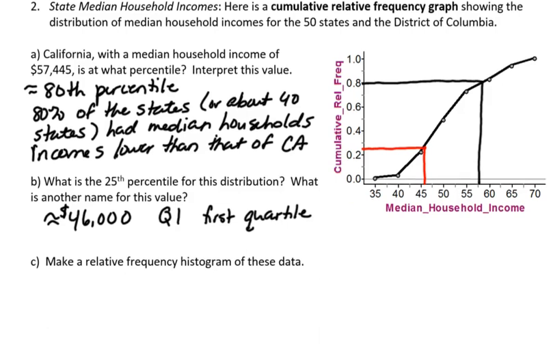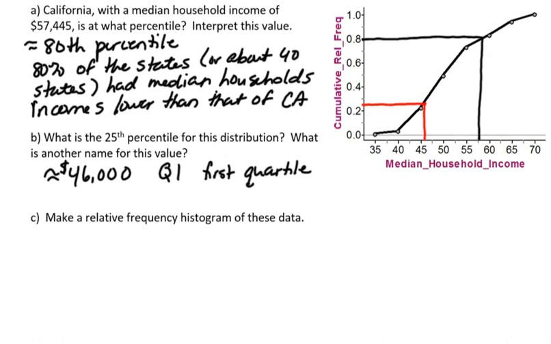Now the next thing we're going to do is think about how we could translate this information into a frequency histogram. So what we have to do is think backwards from cumulative frequency to regular frequency. As we go from 35 to 40, we go from about 0 to maybe 2%.